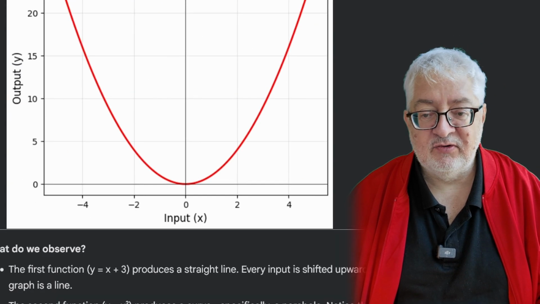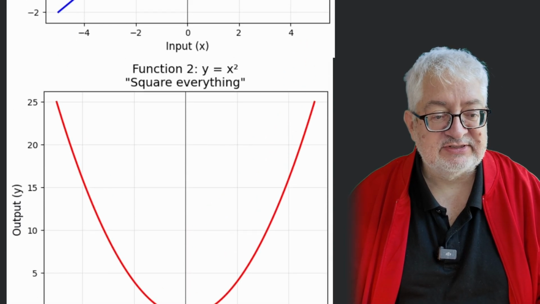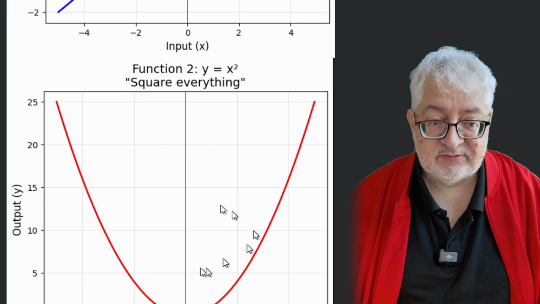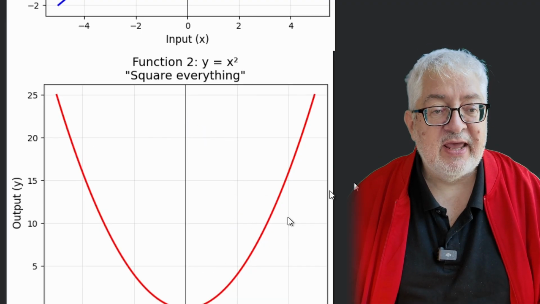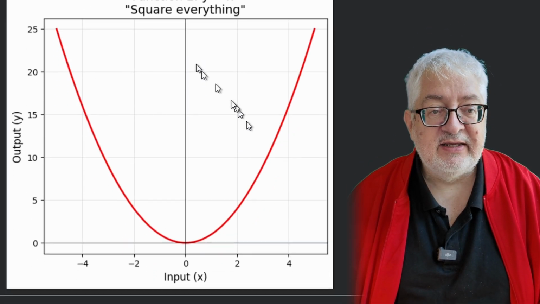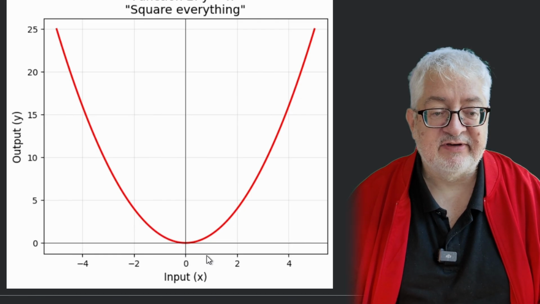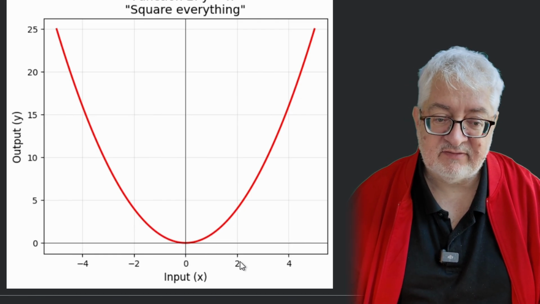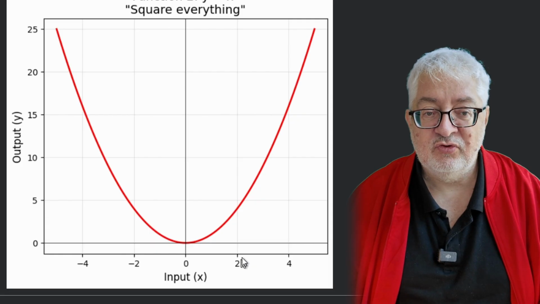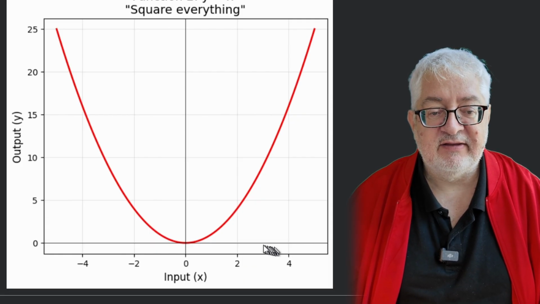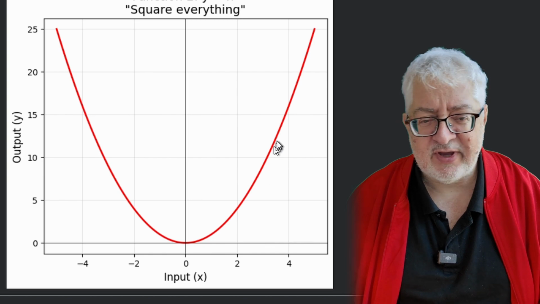And then I look at my other function, which is the square function, and you see this has a totally different way of looking, like this. And what happens here is that now if I have 0, of course it's still 0, but if I have 1, it's 1. If I have 2, it's 2 squared. It's actually 4 right here. And if I have 3, it's 3 squared. It's 9.